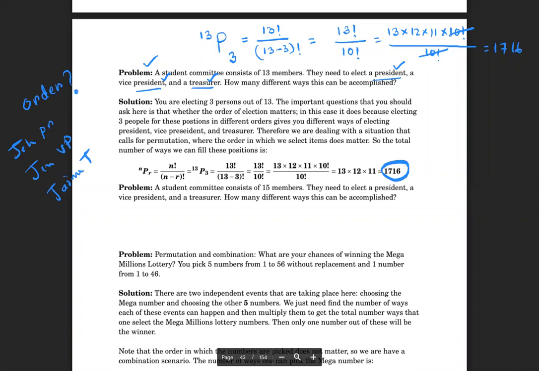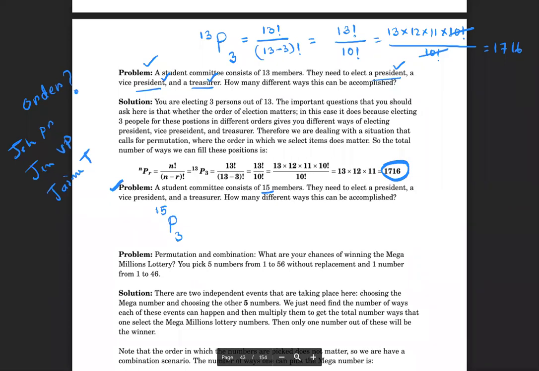Now I'll leave it up to you to try at home. There is really not much. It's the exact same problem, I just changed the number. 15 members. You need to elect president, vice president, and treasurer. So your answer should be 15P3.